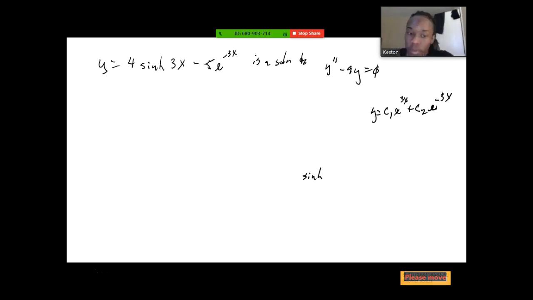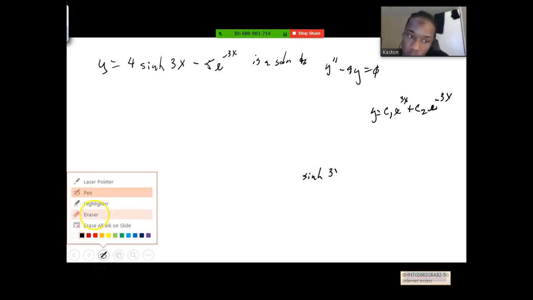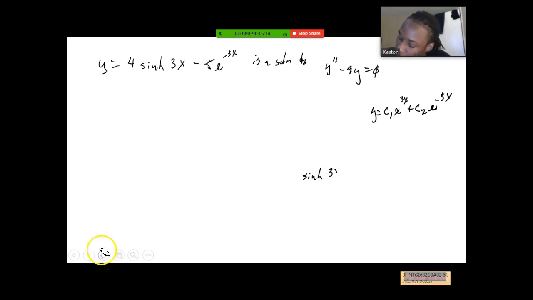So here's what a hyperbolic sine is, and I'll do a general case. Hyperbolic sine of u is defined to be e to the u minus e to the minus u over 2.